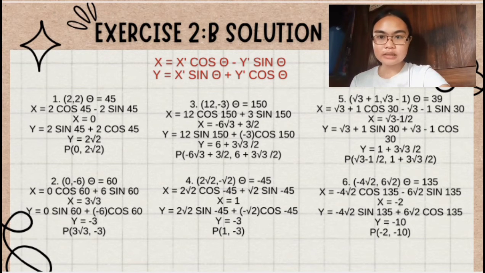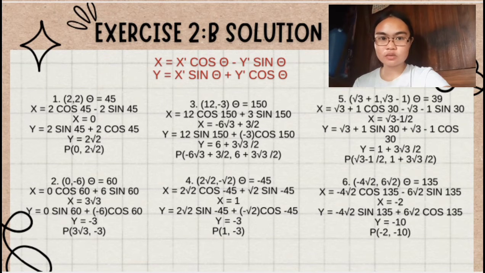For number 3, the given P dash is 12 and negative 3 and the given theta is 150. So x is equal to 12 cos 150 plus 3 sine 150. So x is equal to negative 6 square root of 3 plus 3 over 2.